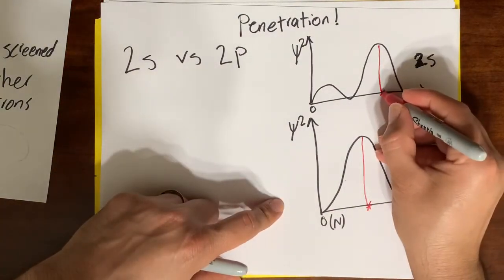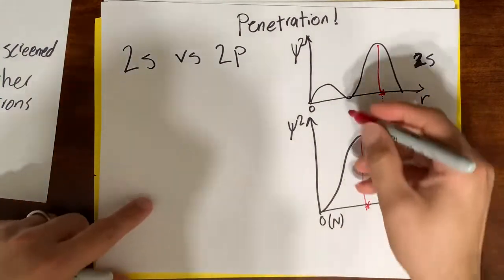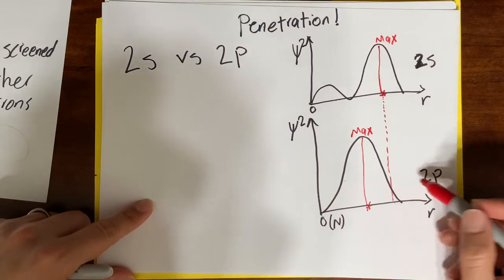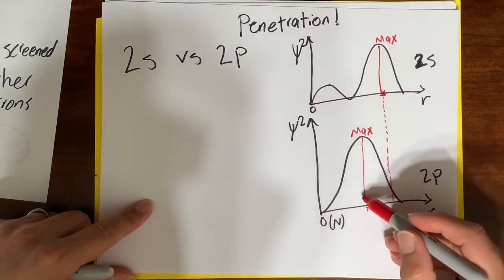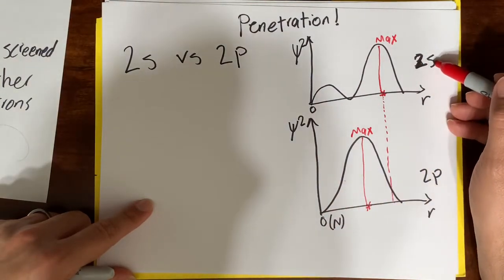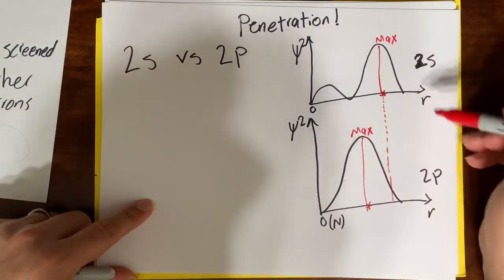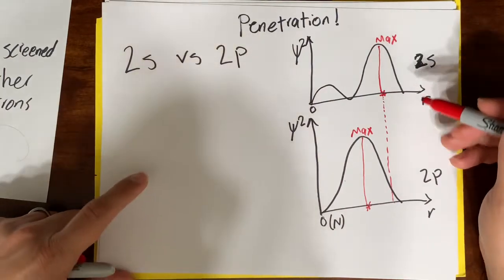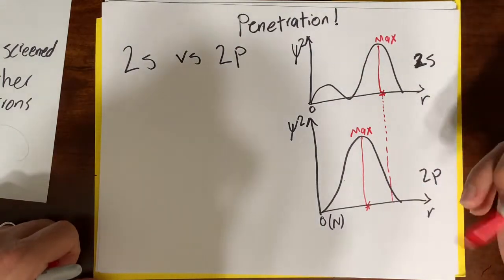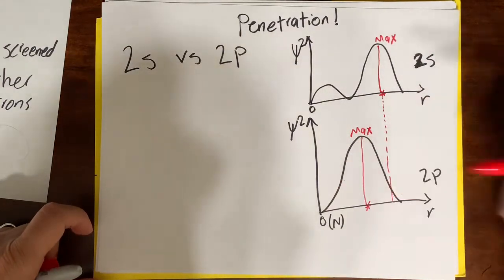If you simply compare these two orbitals, as you see, the max point of the 2p orbital is closer to the nucleus than the max point of the 2s orbital. 2p is closer to the nucleus than 2s. Because it's closer than 2s, the first assumption is to give the electron to the 2p orbital if you have to choose between 2s and 2p, because 2p is closer to the nucleus.